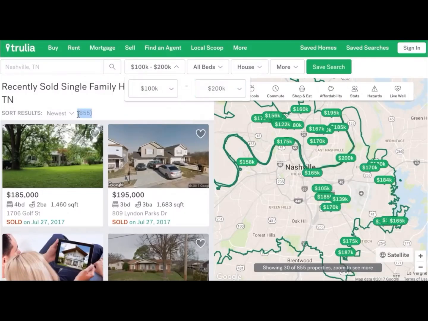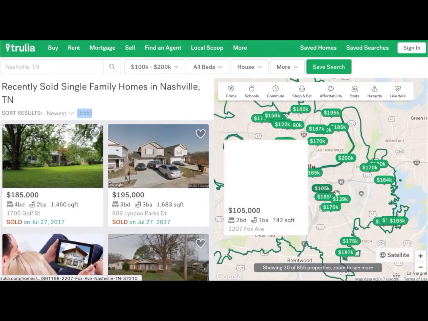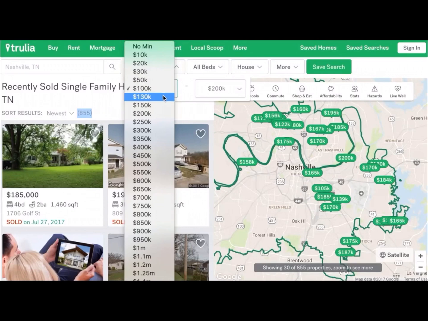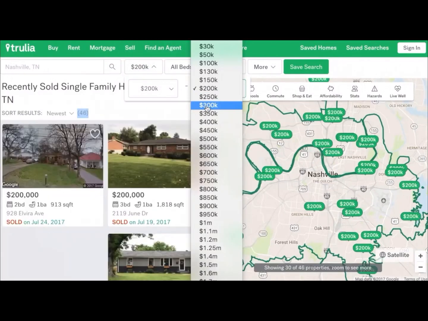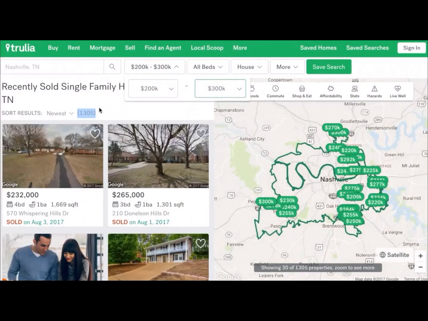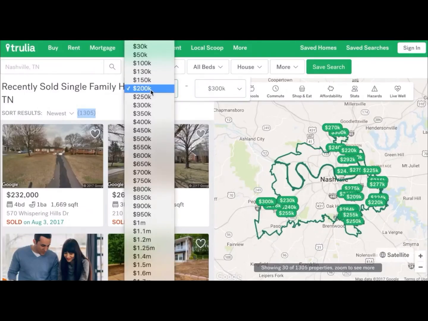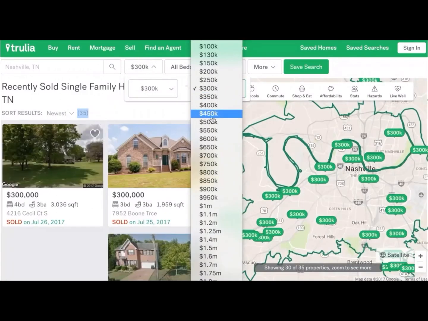See it right there, 855. And then it shows them all in here. So there's 855. Let's now go to 200 to 300. And it updates it. There were 1305. So let's put 1305. And let's go back and do 3 to 5. So we're going to change this to 300 to 500.